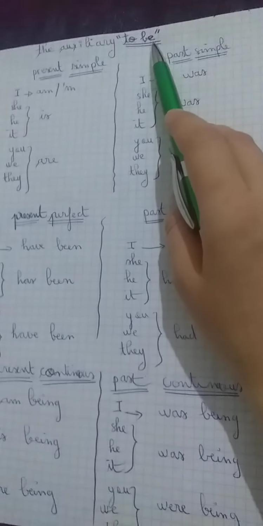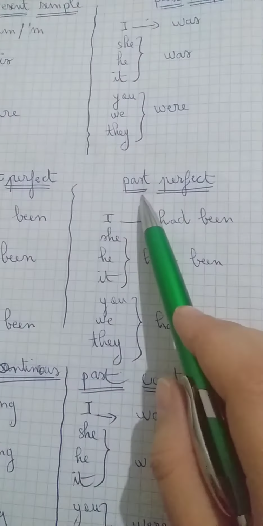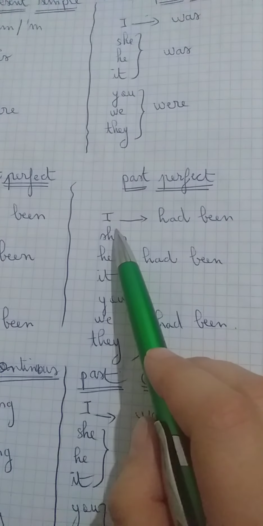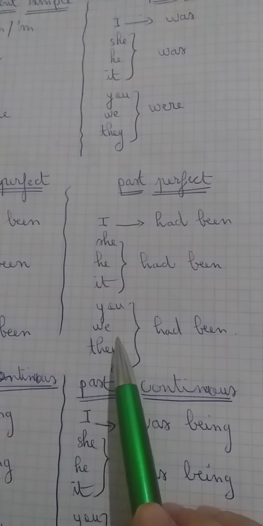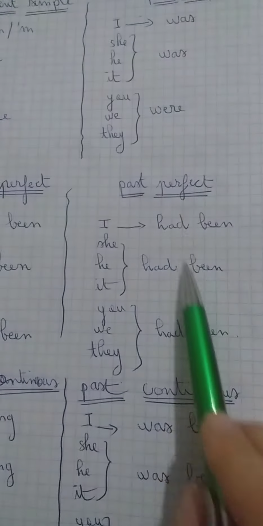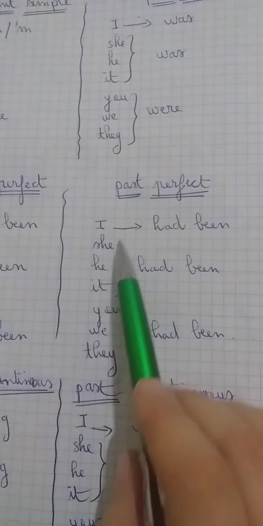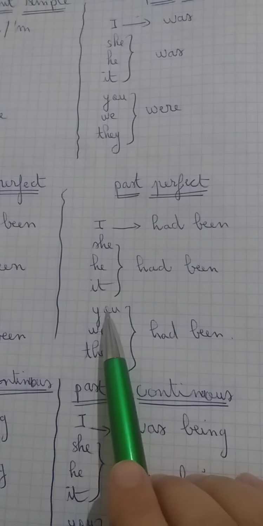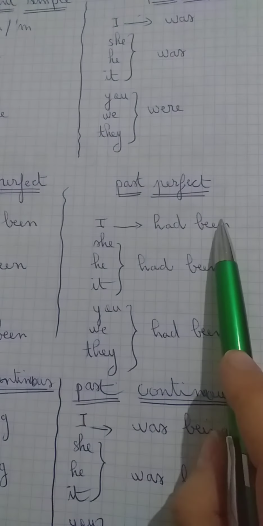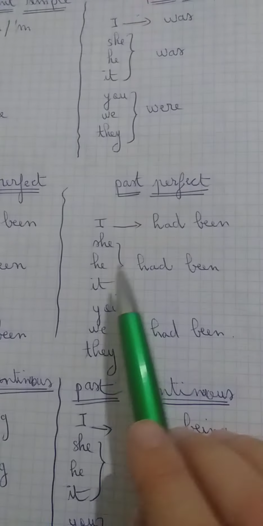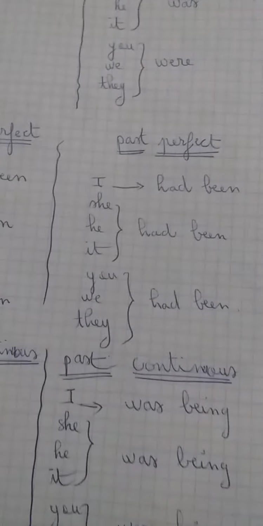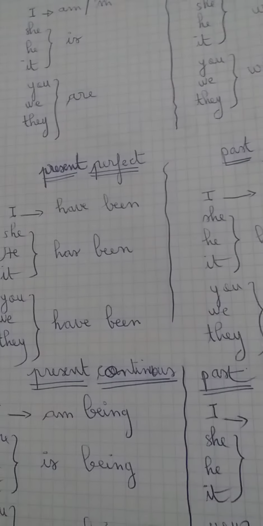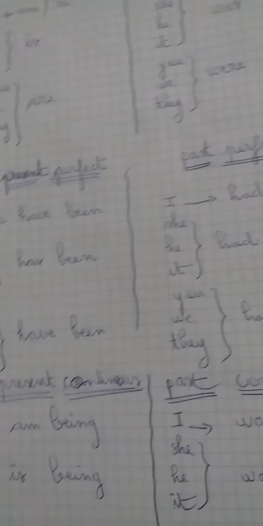We are speaking about the second auxiliary, which is to be. In past perfect with I, we will say I had been, she, it had been, you, we, they had been. With all personal pronouns, we will say had been. I think that the rule how to form the present perfect and past perfect is clear.